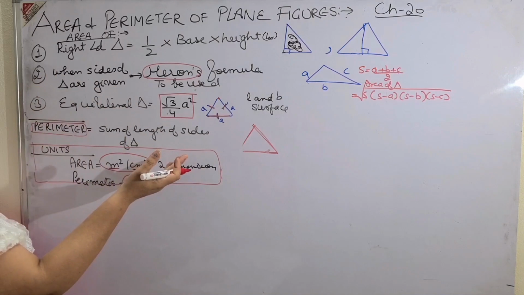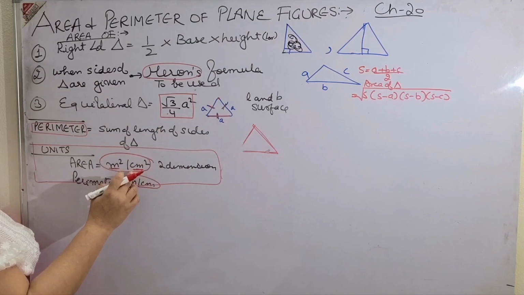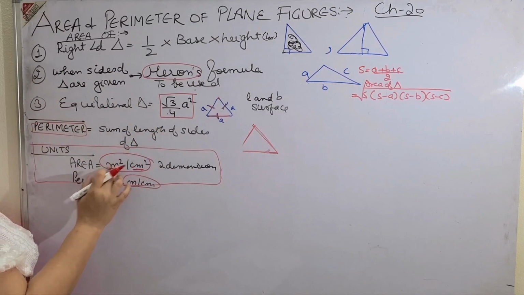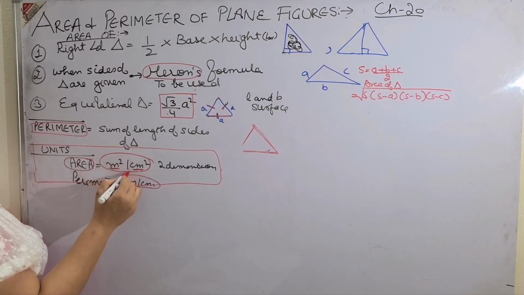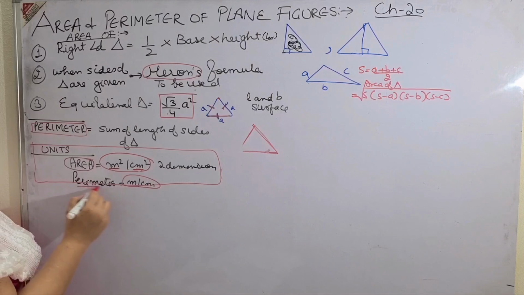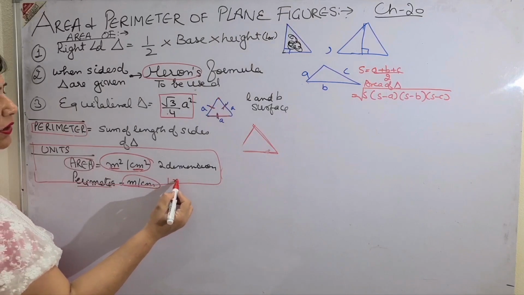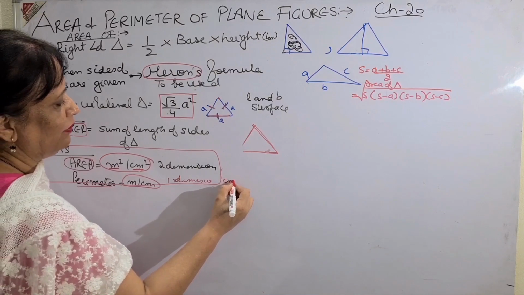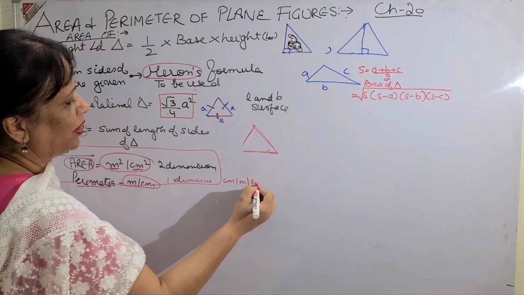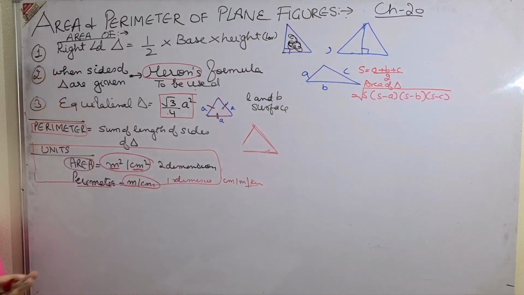In case of Heron also, meter square or centimeter square. In case of equilateral triangle also, meter square or centimeter square. So ultimately for area, the unit is meter square or centimeter square, and perimeter is one dimensional. So understood, the unit will be centimeter or meter or kilometer, whatever is mentioned in the question. The unit mentioned in the question is to be used in the answers unless they ask you to change it.